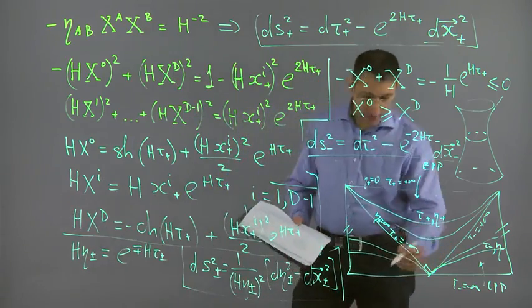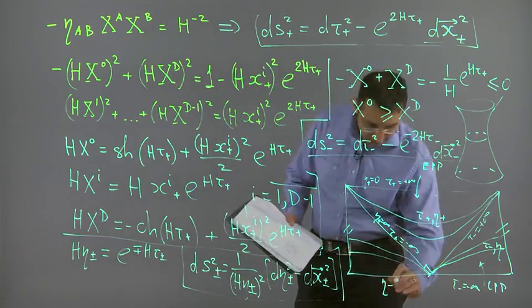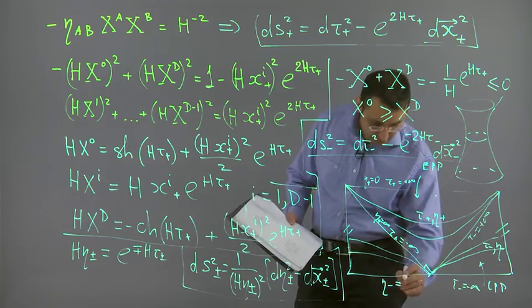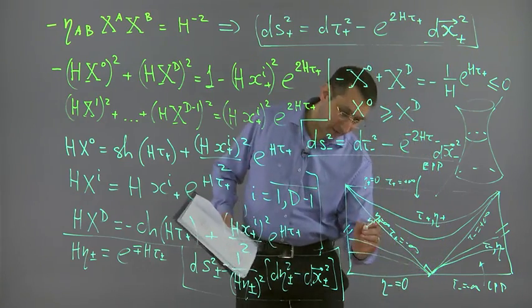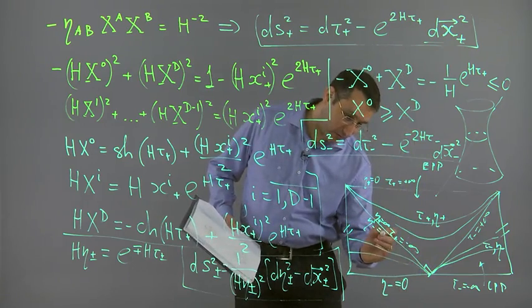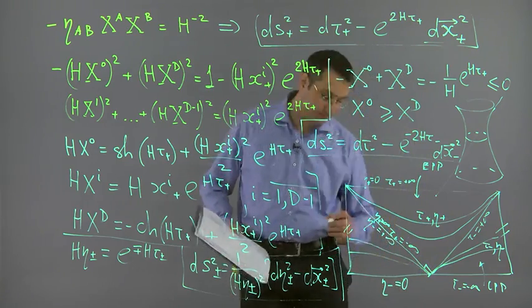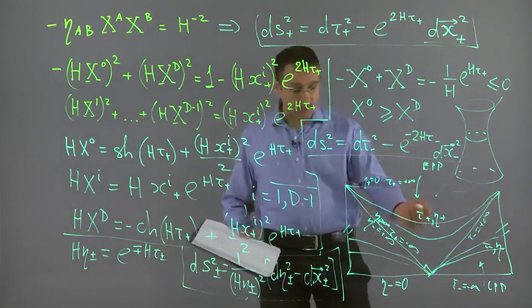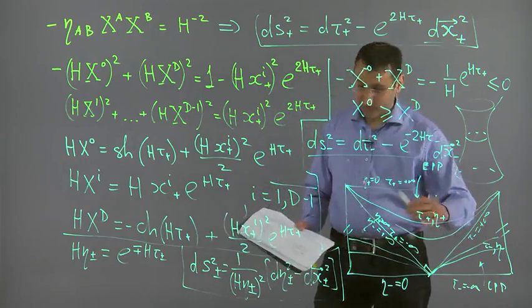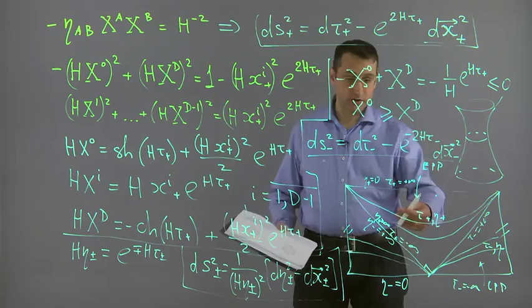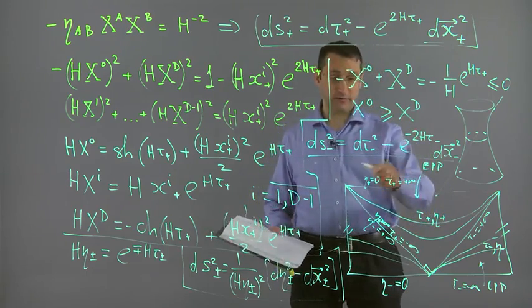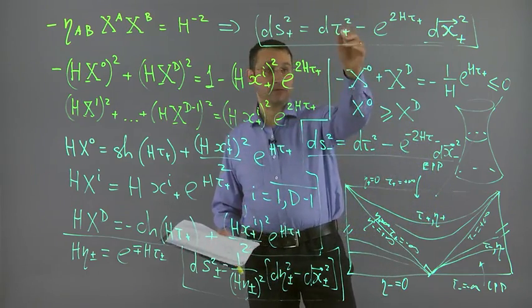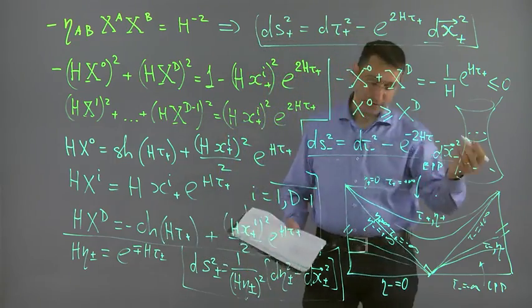And here we have the reverse situation: eta minus is equal to 0 here, and eta minus is equal to plus infinity here. So basically, the expanding and contracting Poincare patches can obviously be obtained from each other by time reversal, reversing the time from tau plus to minus tau minus.